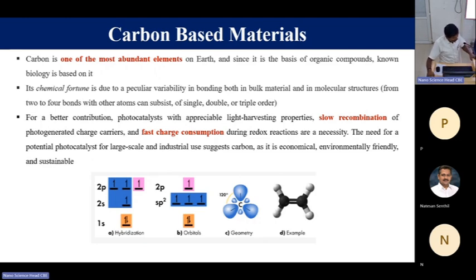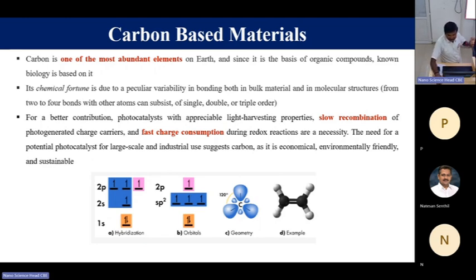Again, the carbon nanotube can also be used as a carrier, because it is a tube. You can fill the drug in the tube and take it to different parts of the human body for treating some diseases.